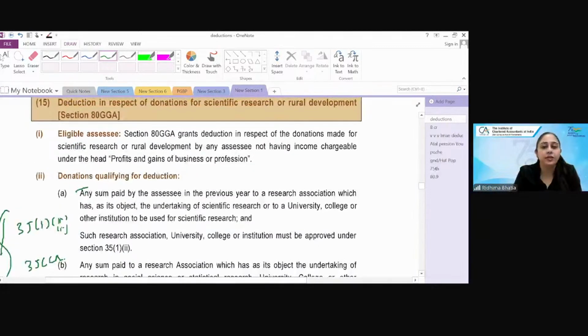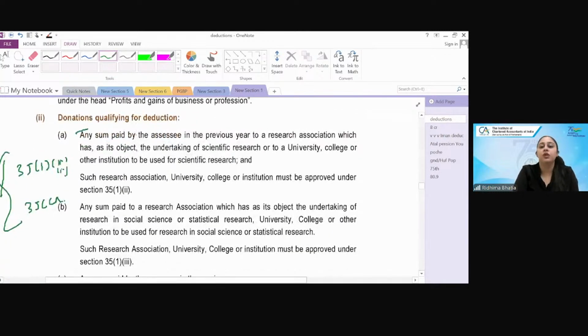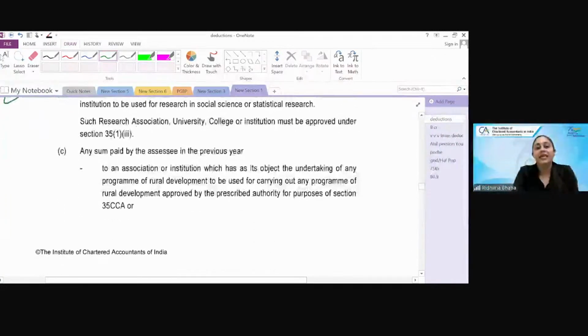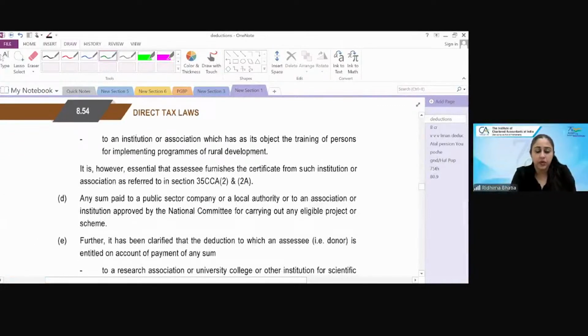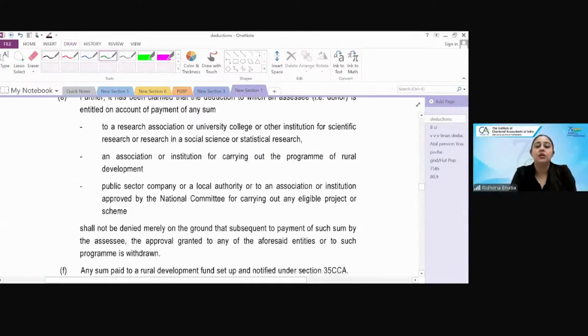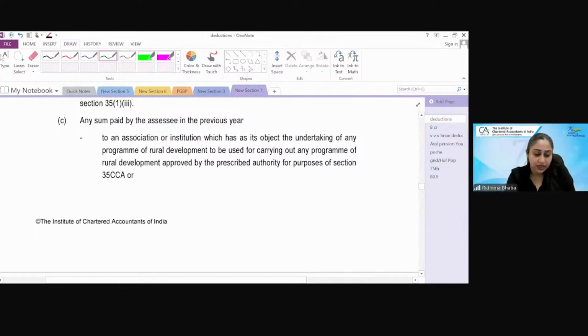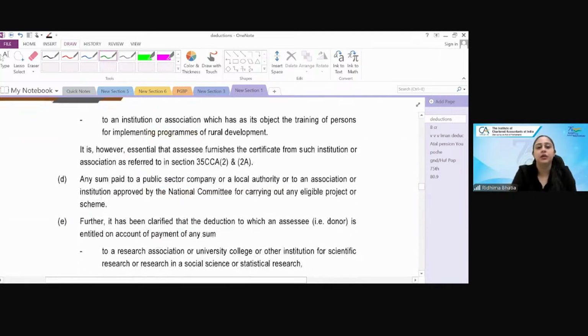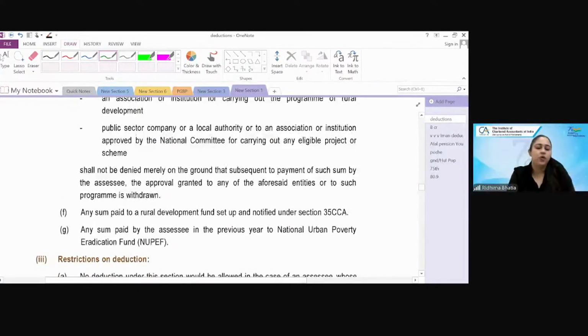So if a question of a salaried person comes, or any assessee who does not have PGBP income and is making donations for scientific research or rural development, then he can claim the deduction under 80GGA. There is no limit, but not more than 2000 should be in cash. There is no other limit in this.